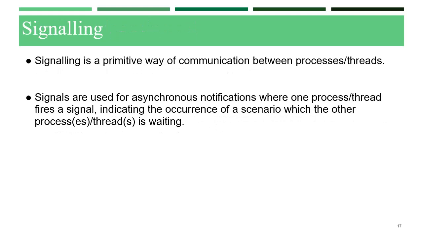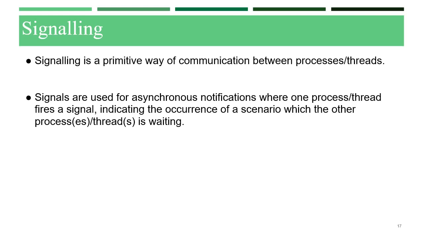Signaling. Signaling is a primitive way of communication between processes and threads. Signals are used for asynchronous notifications, where one process or thread fires a signal indicating the occurrence of a scenario which the other process or thread is waiting for.